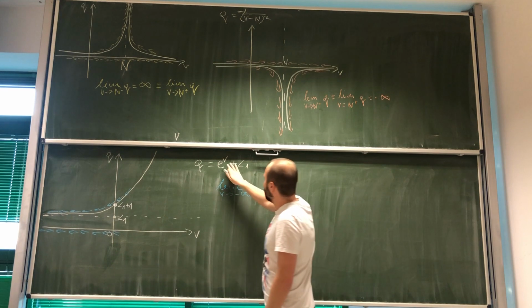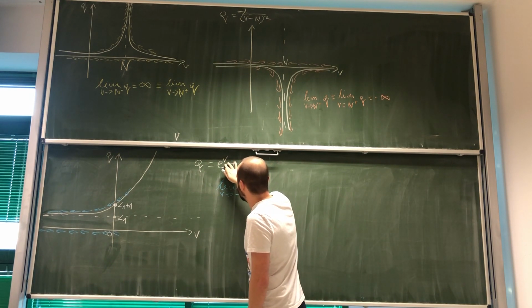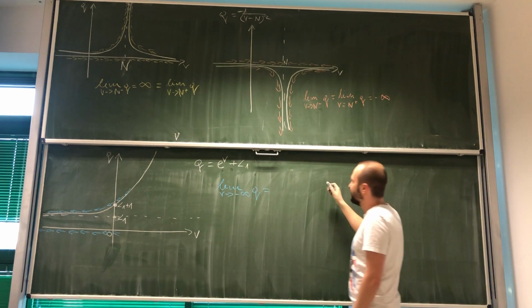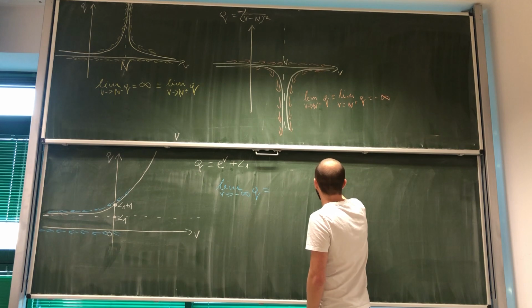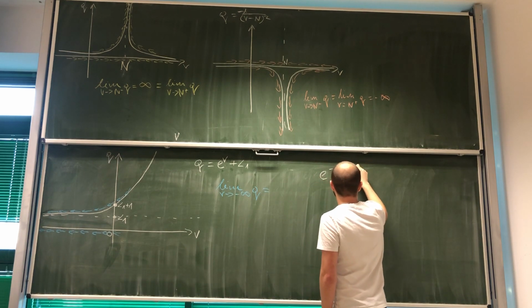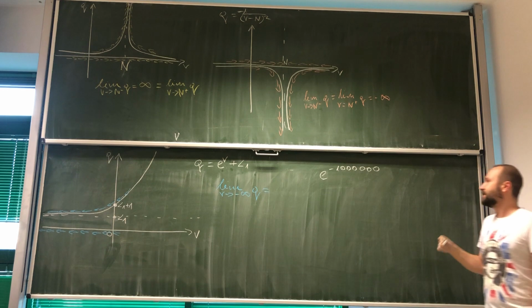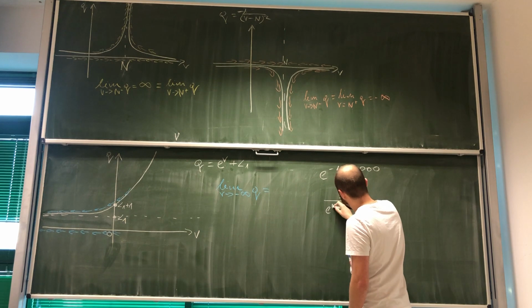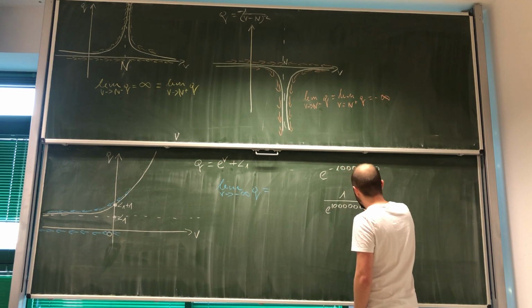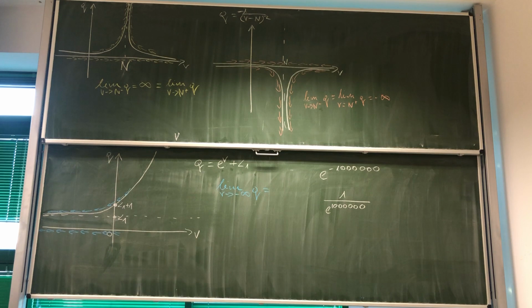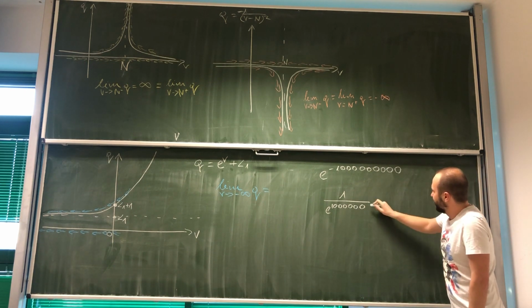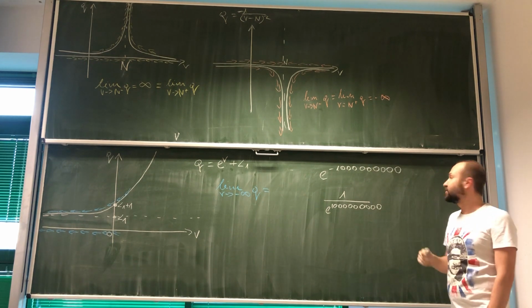Look, remember that if V is negative, it means we are dividing. Let me give you an example. If we have e to the power negative 1 million, this is the same as 1 divided by e to the power of a million. And this is a very, very big number. But look, is it 0? No. But now if we have a billion, we are dividing by e to the power of a billion.